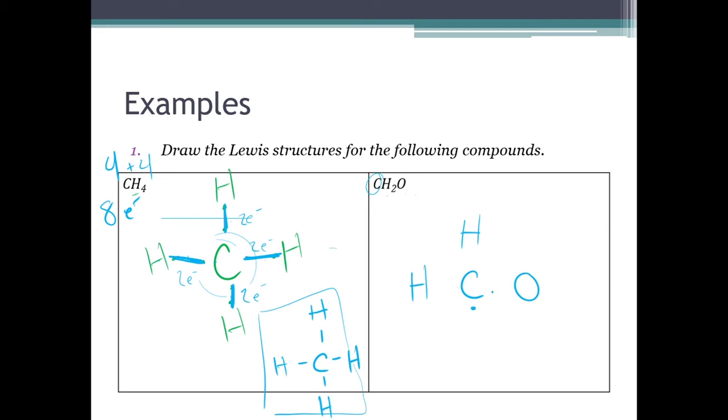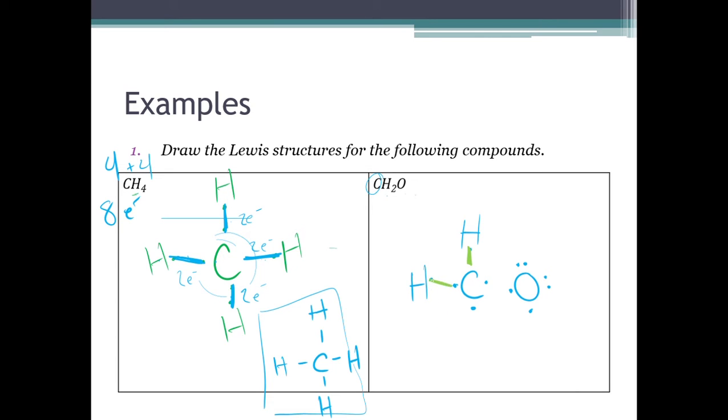Carbon is 1, 2, 3, 4. And then hydrogen is 1, and oxygen is 1, 2, 3, 4, 5, 6. So we'll go through and start connecting electrons like we did last time. These two here, pretty obvious, will pair up to make a bond.